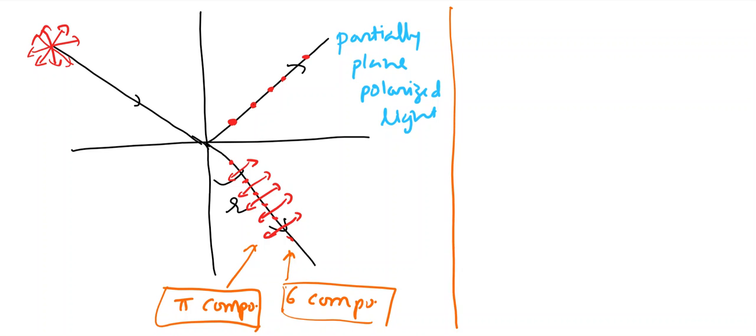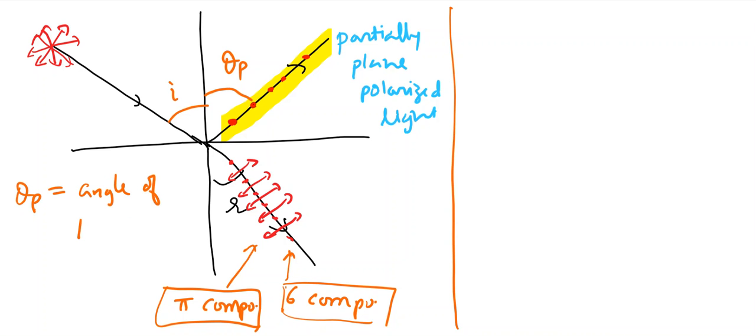One more observation was that if you change the angle of incidence, for some particular value of the angle of incidence, this light was found to be totally polarized light, and that angle was given the name angle of polarization. So theta p is the angle of polarization.